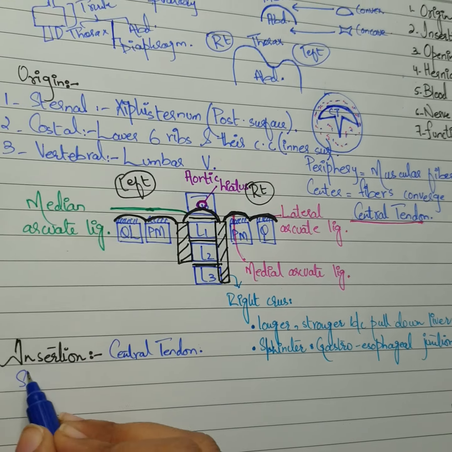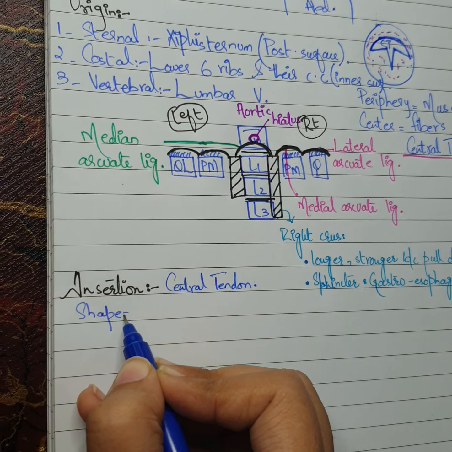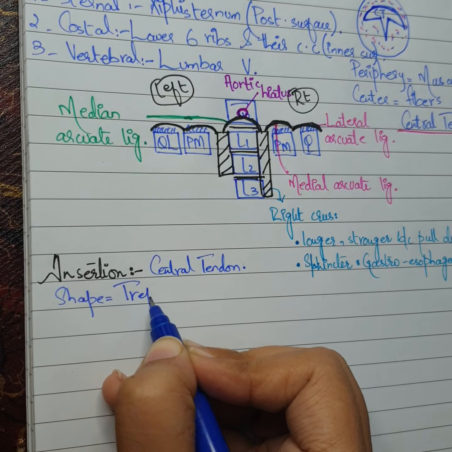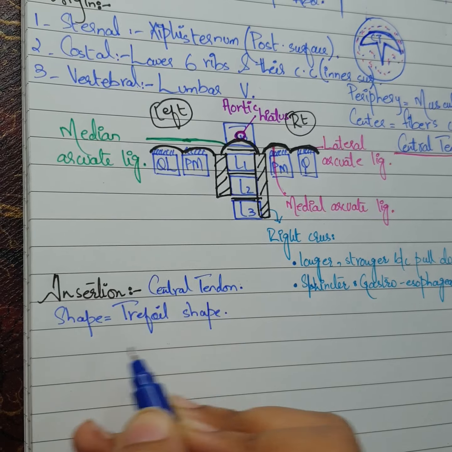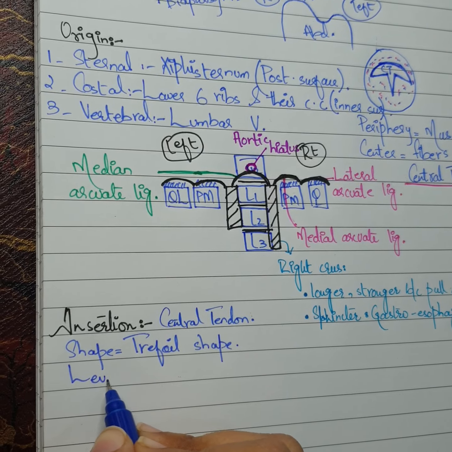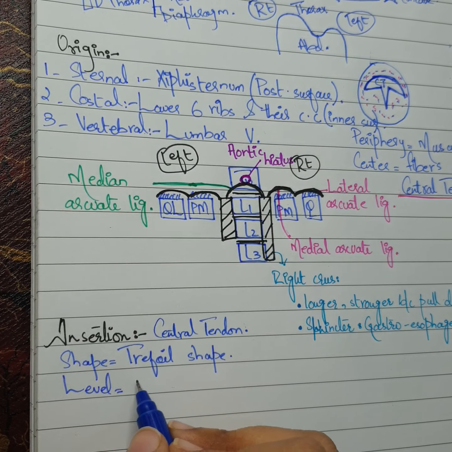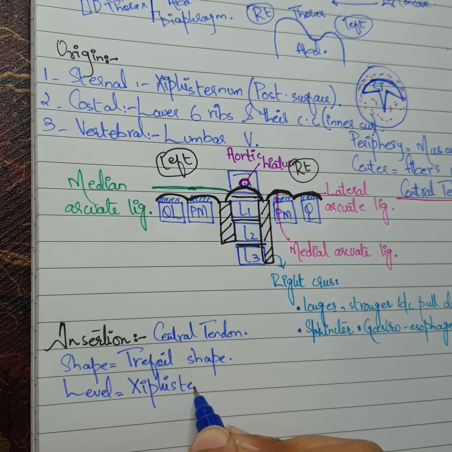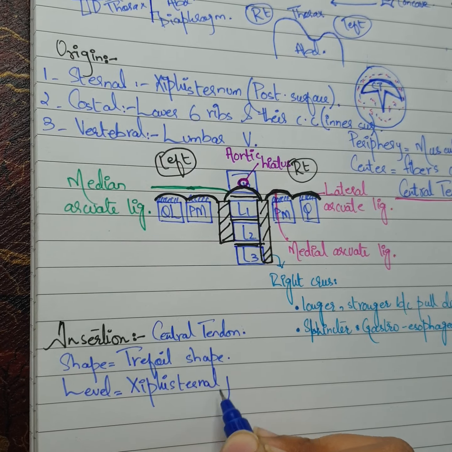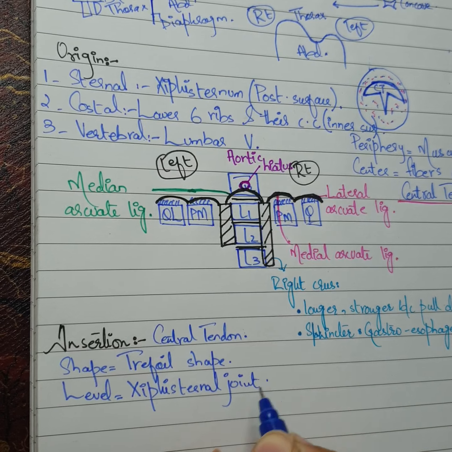So its shape is trefoil shape. Okay, at which level is the central tendon present in our body? It's present at the level of the xiphisternal joint.